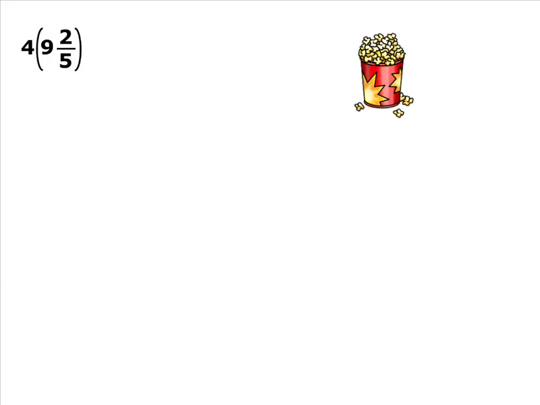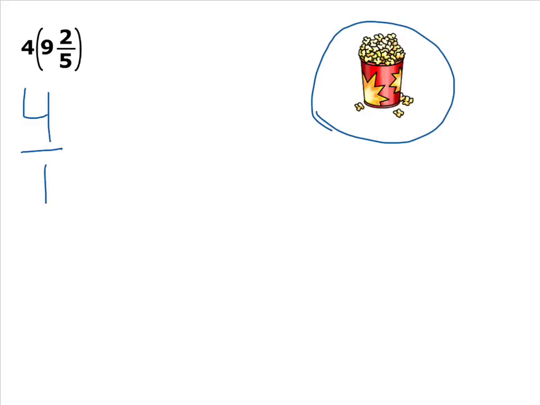Our last example. Again, we're going to have to use our popcorn rule on here. I got the nice bucket of popcorn over here. We're also going to have to turn that 4 into a fraction. So again, we'll simply put that over 1, and then we'll multiply that times 9 2/5.